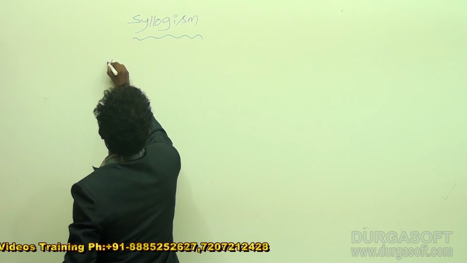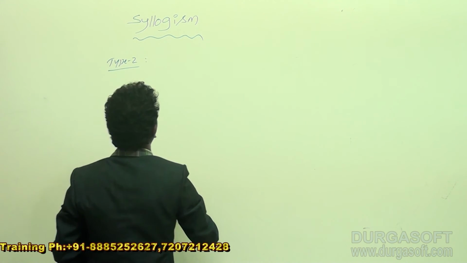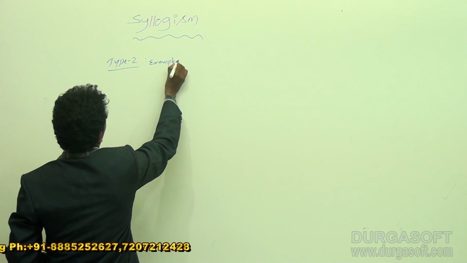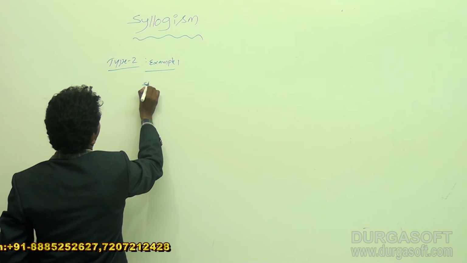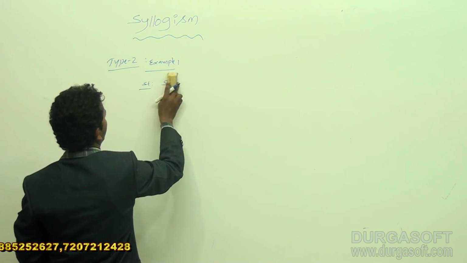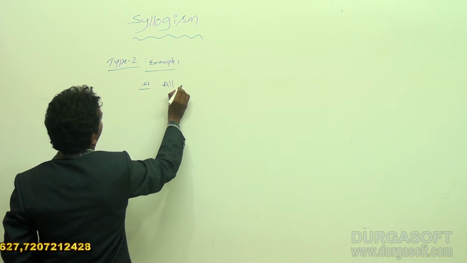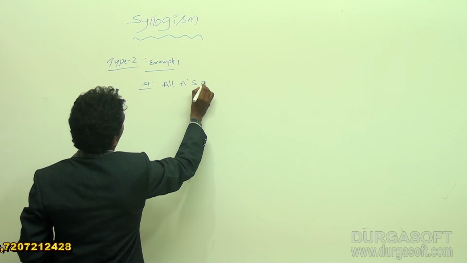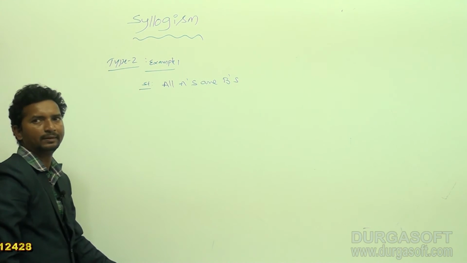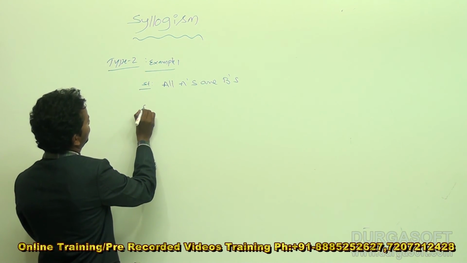Now here type number 2. Now I am taking my best example. Again I have example 1. So your statement here, some is already completed, now this is all. I am taking the type number 2: all A's are B's. This is the statement. Now in this one, what are the conclusions? First you see the conclusion.